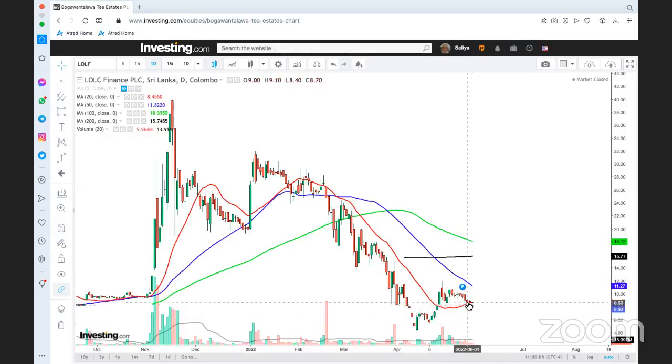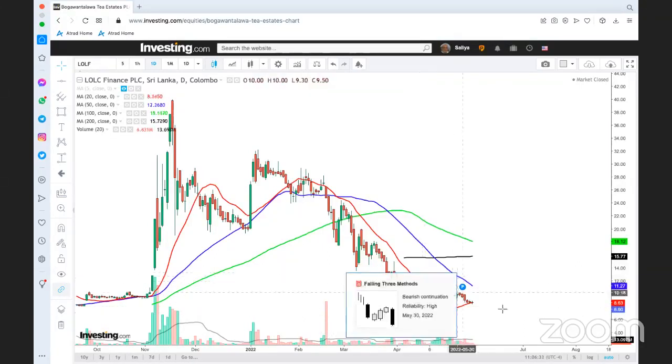Basically, it's trying to be within 910 and 840, right? But there can be support above 740 for this, because this is the high. So any breakout below can come and test this level, that is 740.